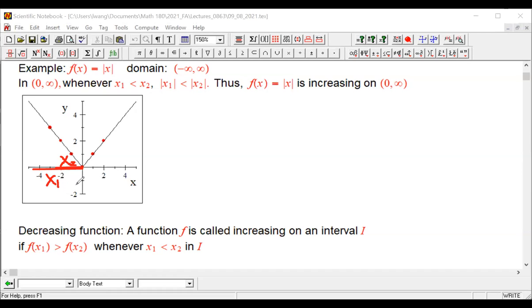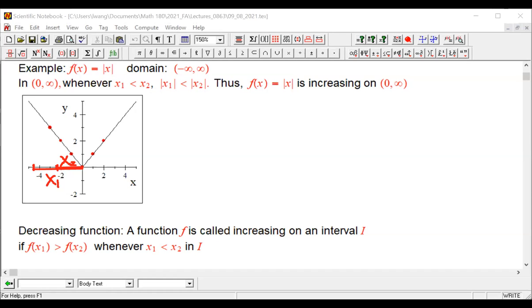True, x1 is longer, but it's negative. Comparing on the number line, this number, which is x2, is larger than this number. The number on the right is larger than the number on the left. Agreed? You follow me? Yes. Everybody else?